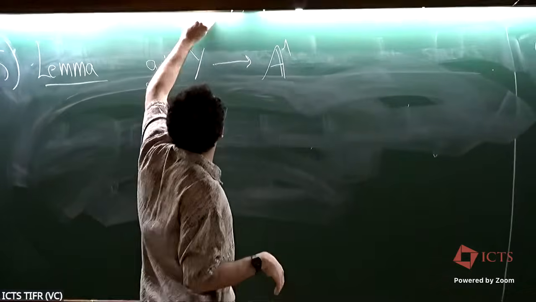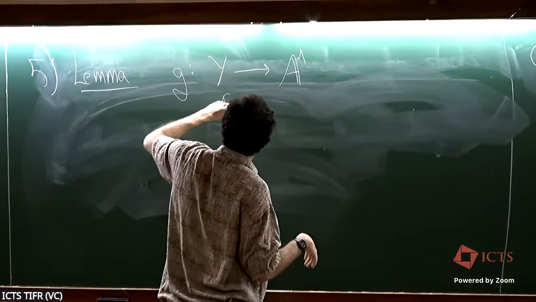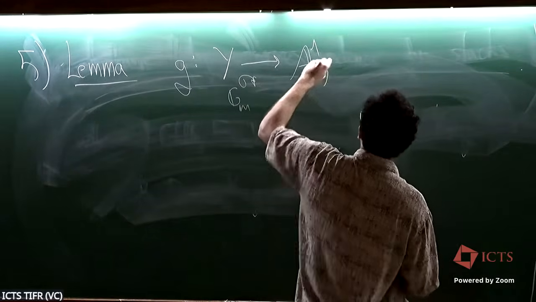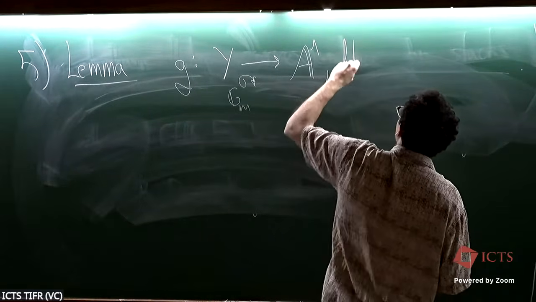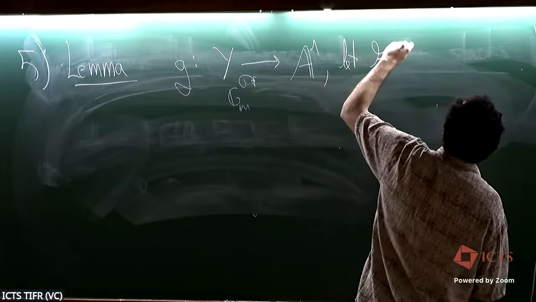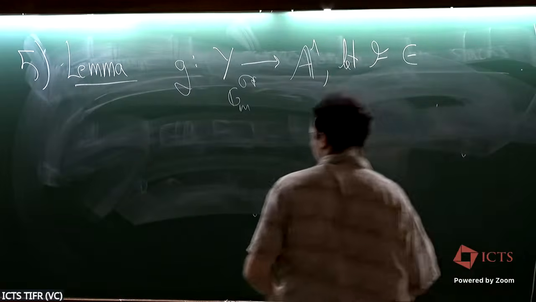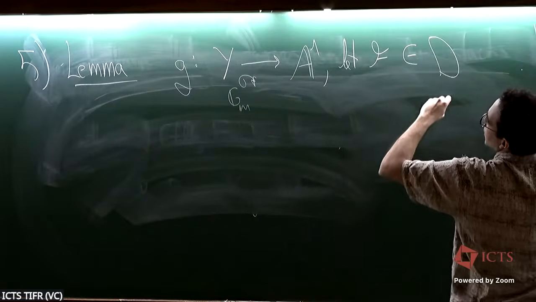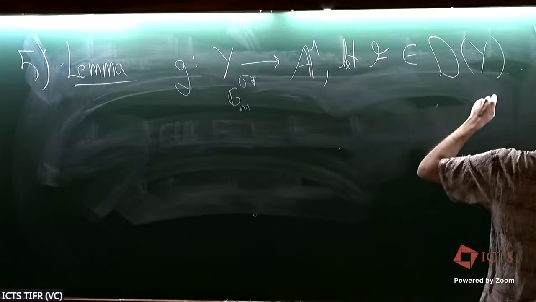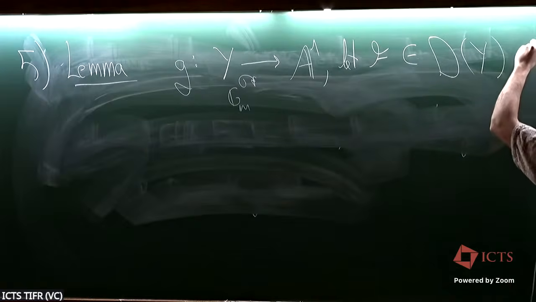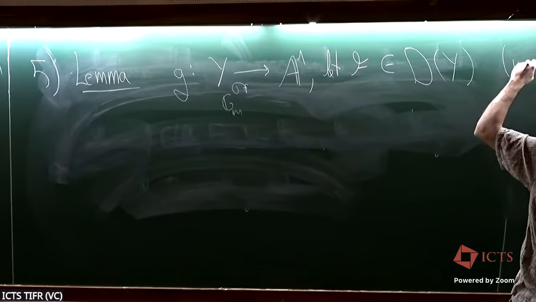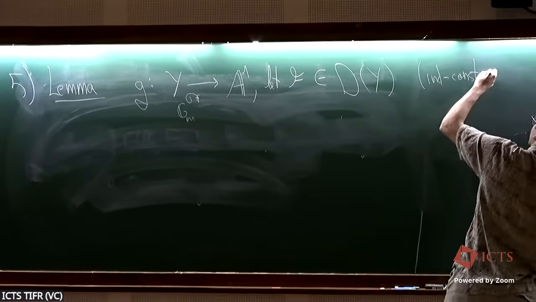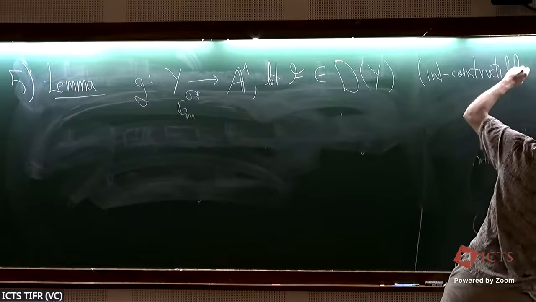Let's suppose that there's a Gm action acting everywhere, and let F be some complex of sheaves on Y. So this is going to be in the derived category of constructible sheaves.